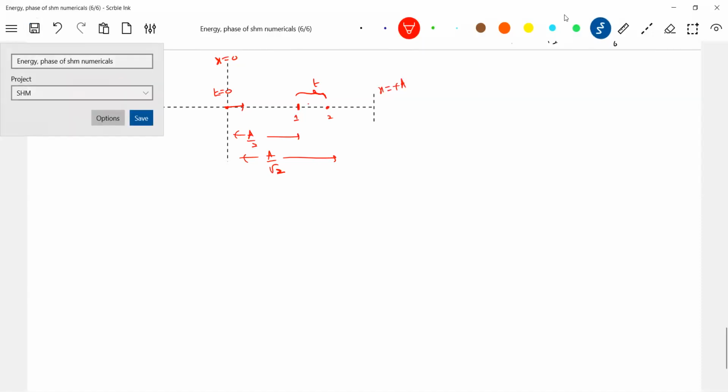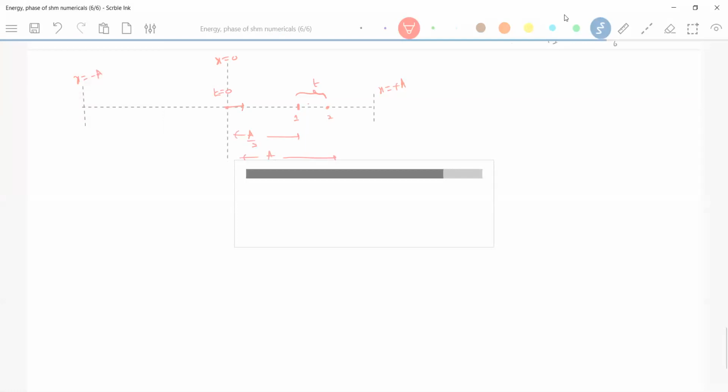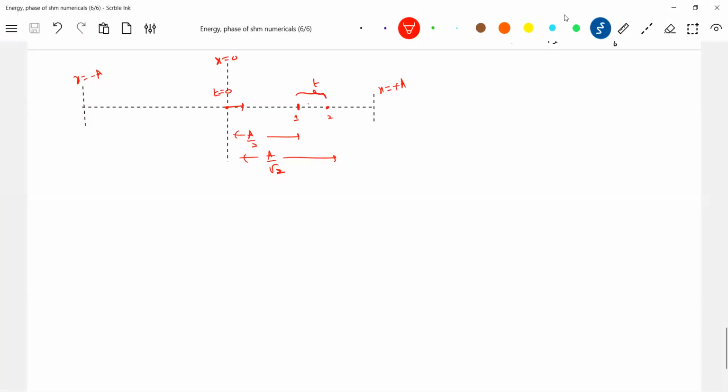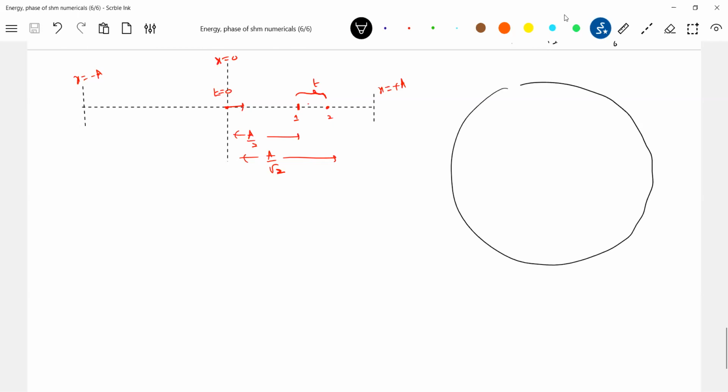Will you integrate? The answer is no. What shall I do? I'm just going to draw the circle. I think the circle is the best friend that is going to help me a lot.